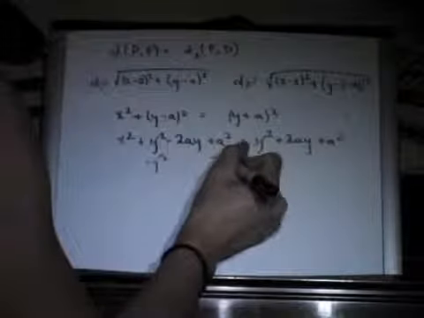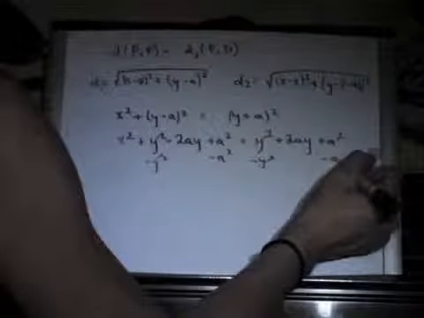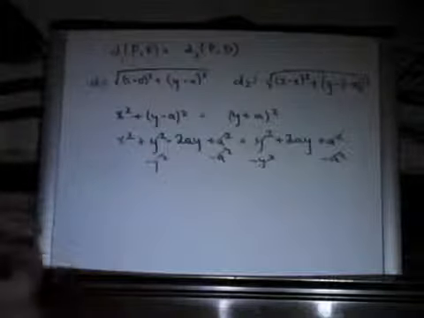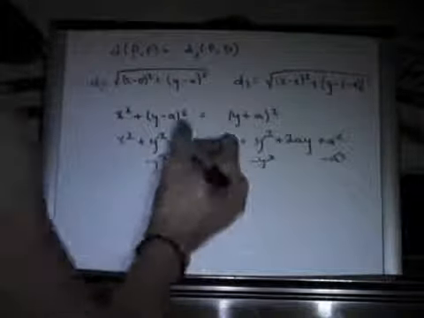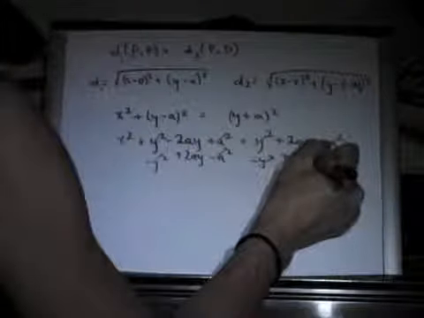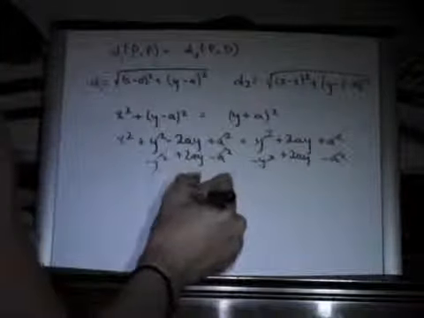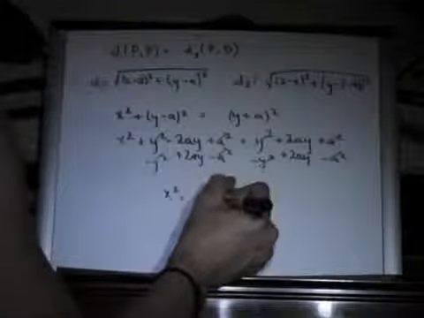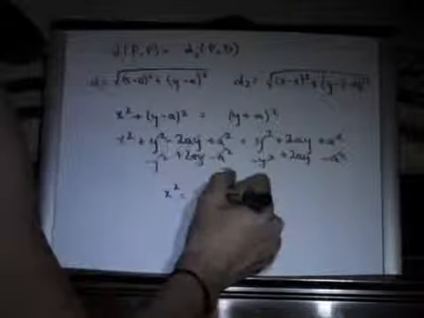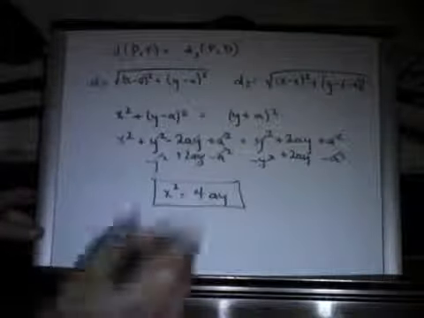Similarly, we can subtract a squared from both sides, and the a squareds cancel out. And let's add the 2ay to both sides. So that what we end up with is x squared is equal to 4ay.